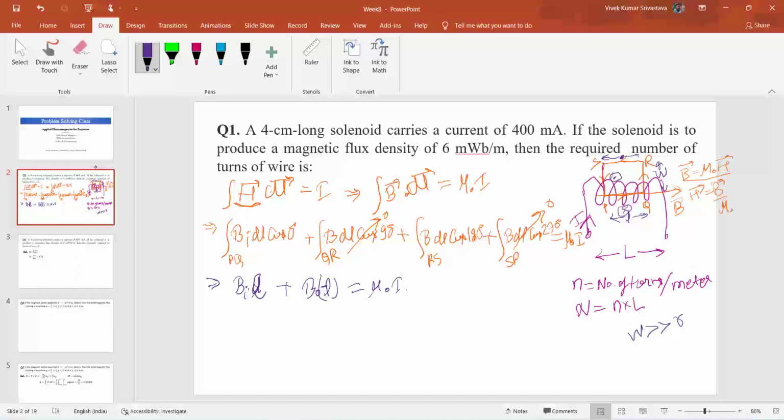So that's why B naught will be equal to 0, so this term is also 0 here.